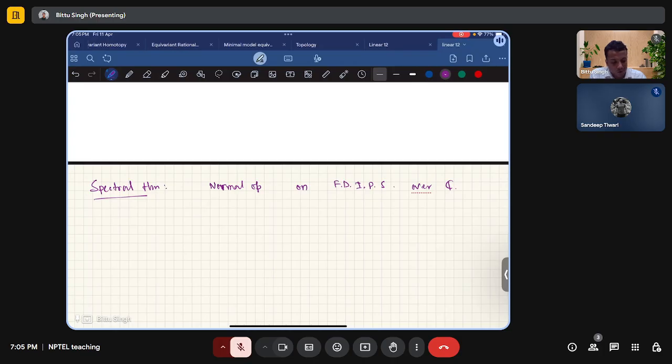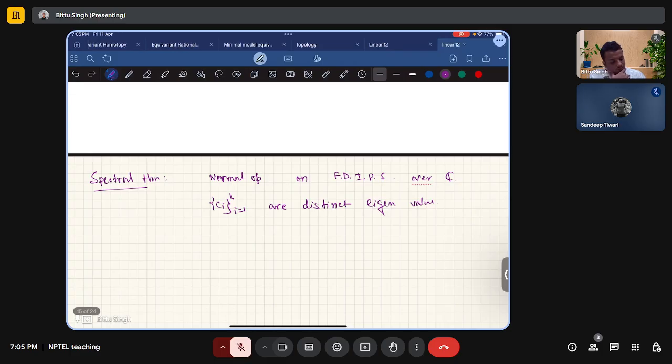So for any normal operator, suppose ci, i equal to 1 to k, are the distinct eigenvalues or characteristic values.